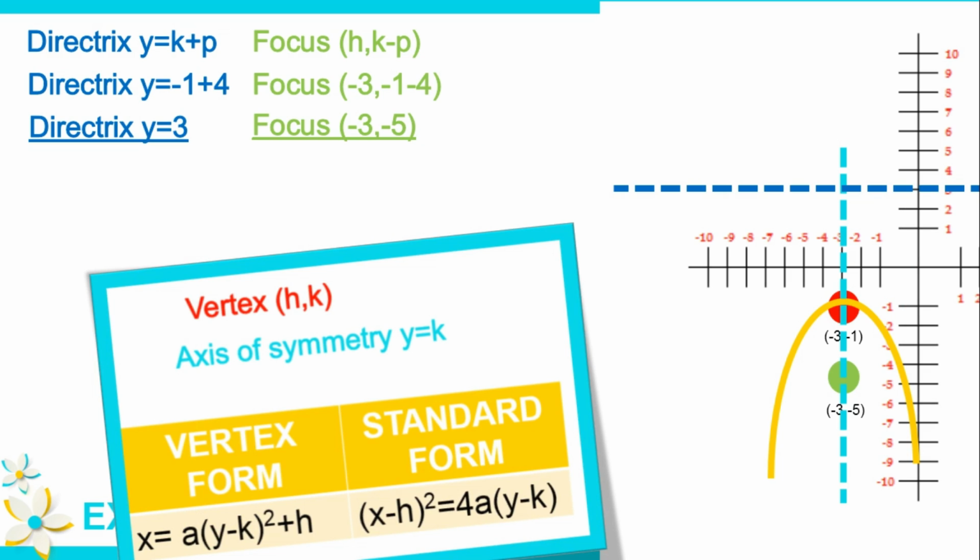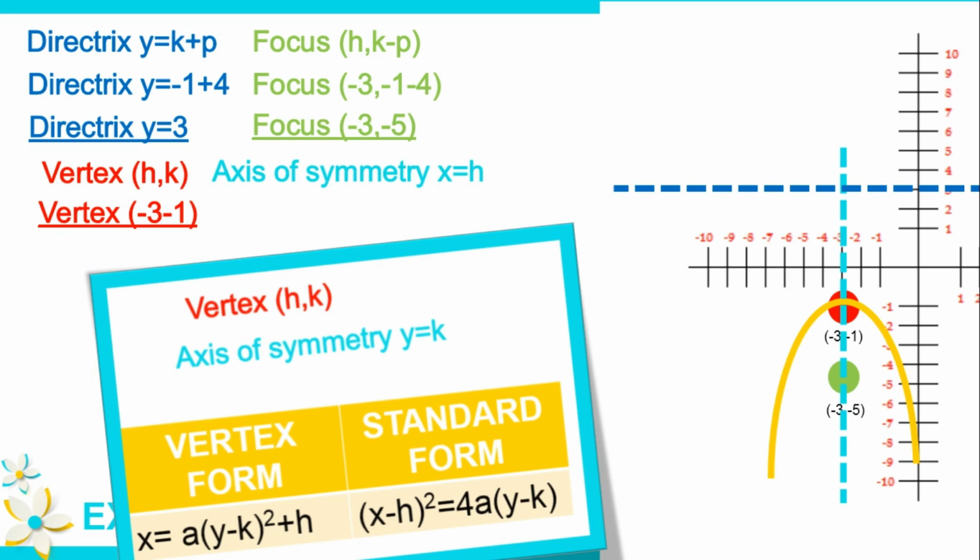So, next here is to use the vertex, I find the equation, the vertex form, and the standard form. So here, vertex is hk. So hk, -3, -1. Muna siya ganiha sa directrix. K is equal to -1. And the axis of symmetry, kabantay mo, ang axis of symmetry is vertical line na sa y-axis.